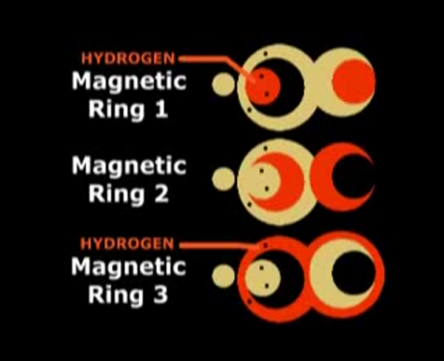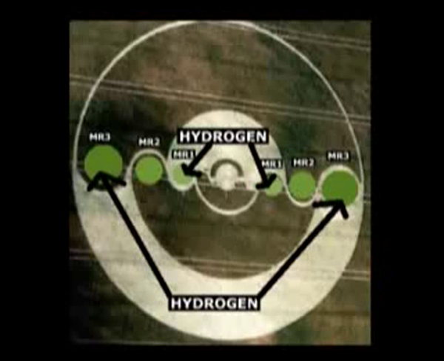Again, the connection with hydrogen is visible in only magnetic ring 1 and 3. Confirmation: areas of hydrogen around both magnetic rings 1 and 3.